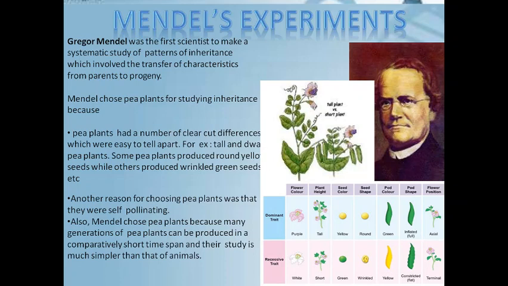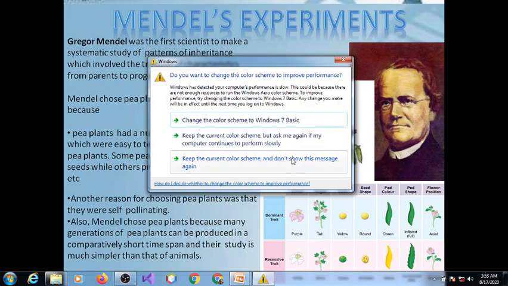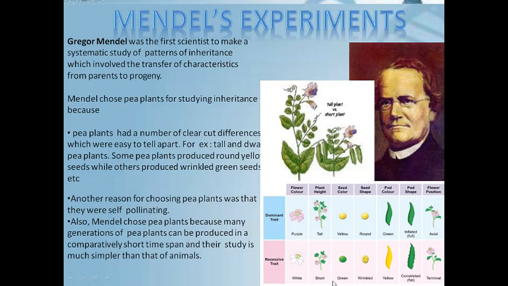Now the question is, why did Mendel choose the pea plant? He chose it because the pea plant has at least 7 pairs of contrasting characters. I have shown all these contrasting characters in this table: purple and white, tall and short, yellow and green, round and wrinkled, green and yellow, inflated and constricted, axial and terminal.